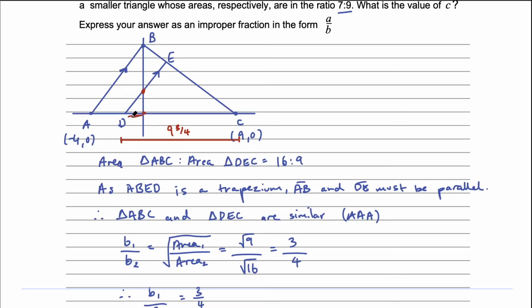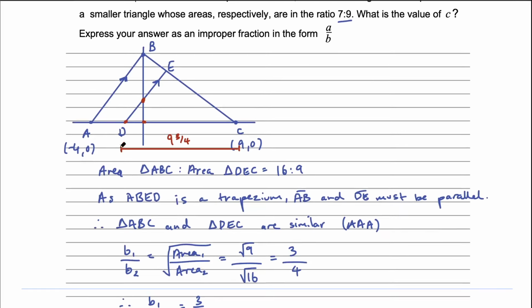That means this little distance here, this little distance from O to this point, where that line cuts the x-axis, that must be 3/4. So the x coordinate of where that line cuts the x-axis is 3/4.